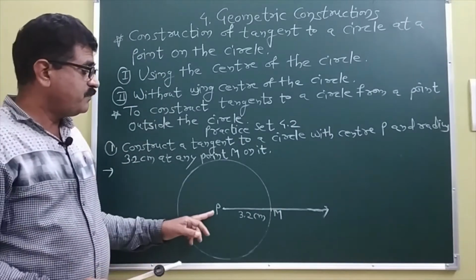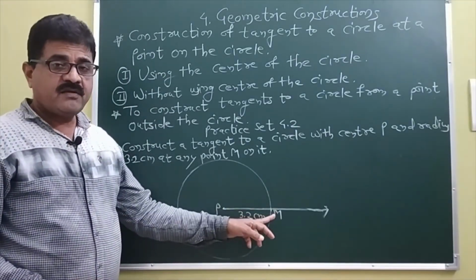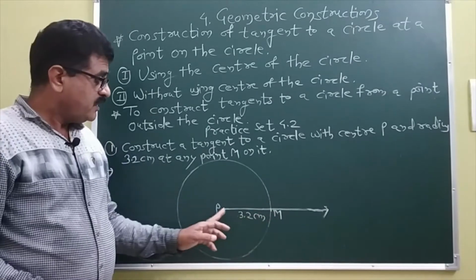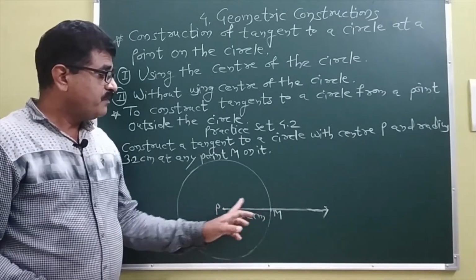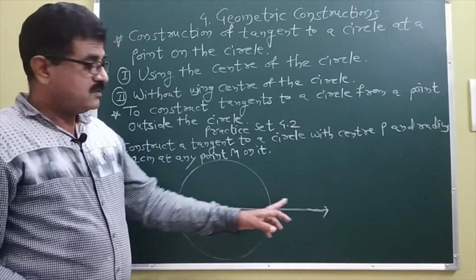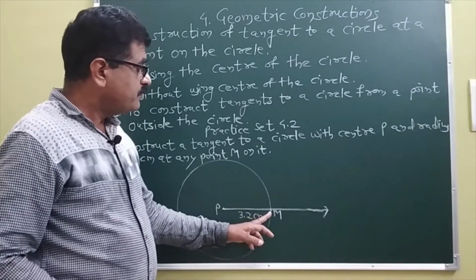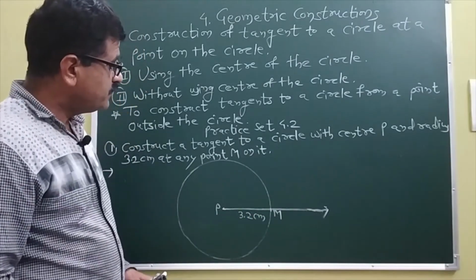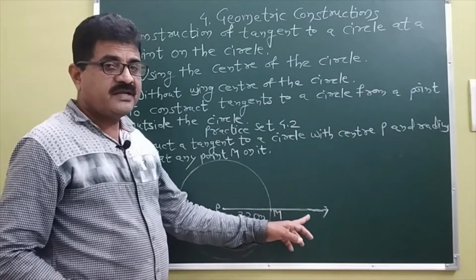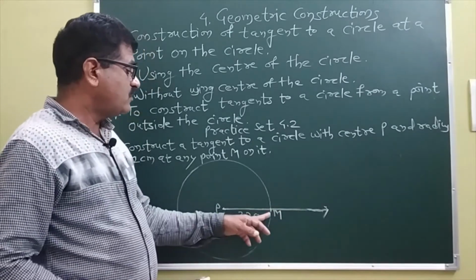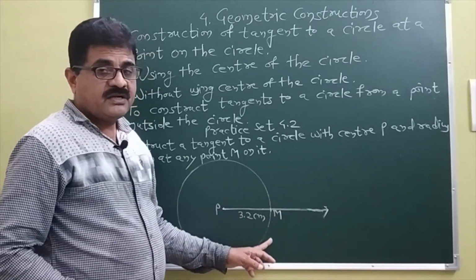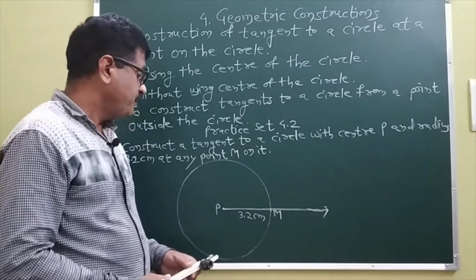Then take any point M on the circle. Draw PM. PM is a ray.